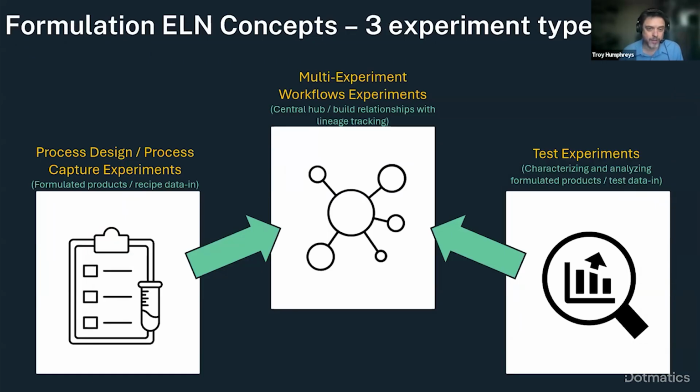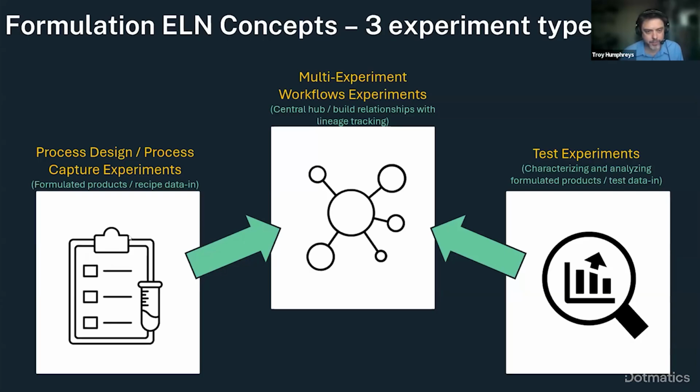For those of you that are new to the Dotmatics formulation ELN, the formulation ELN enables capturing and linking ingredients information, recipe steps, and analysis results associated with a formulated product. So there are three types of formulation ELN experiments.